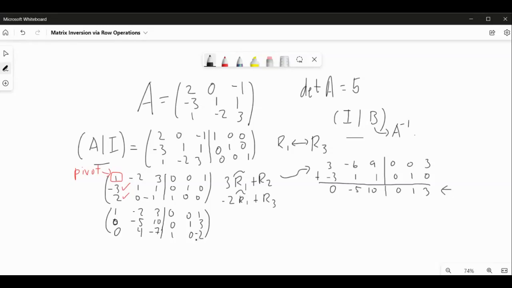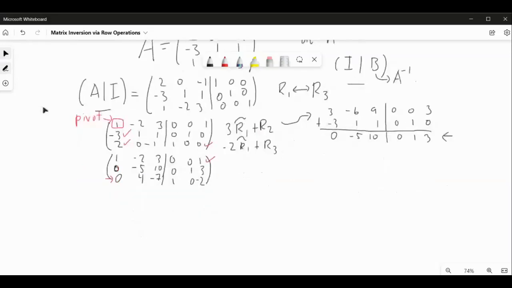So I will leave it up to you to verify the fact that indeed, if we multiply this row by minus 2 and add it to this row, R3, then what we will get is exactly this row. 0, 4, minus 7, 1, 0, minus 2. And that said, we now focus on the next step of the process.